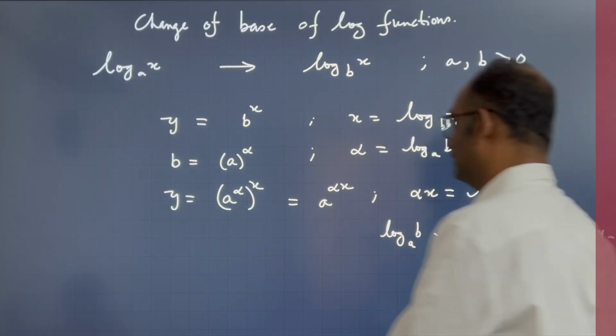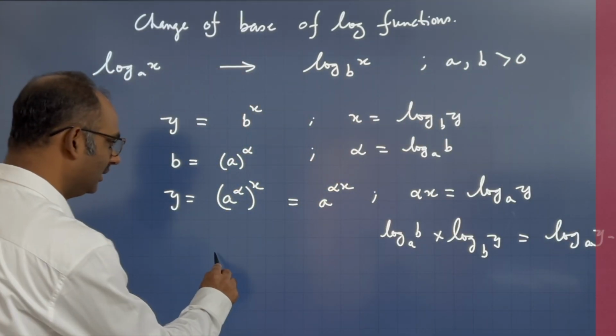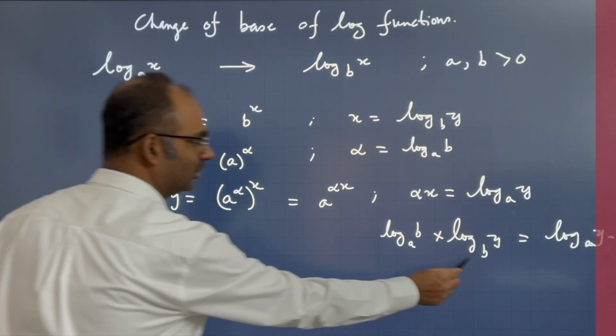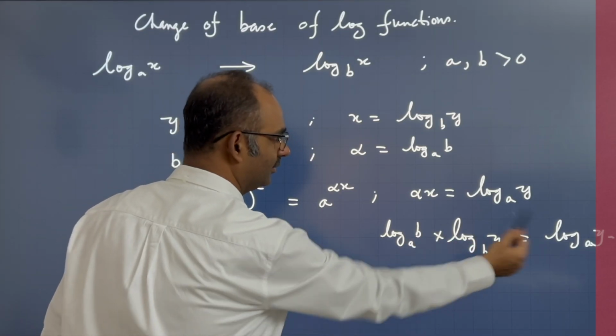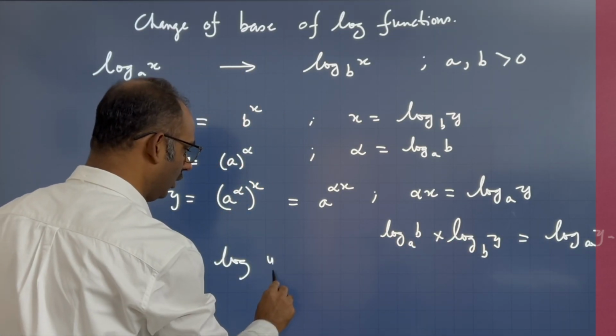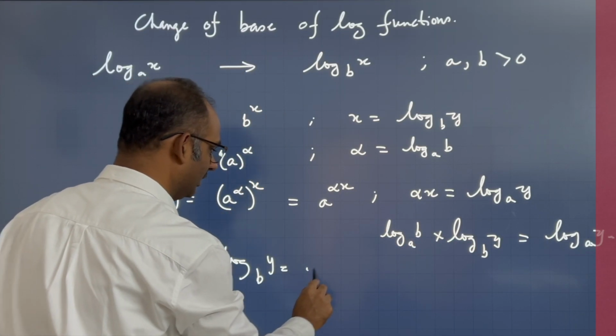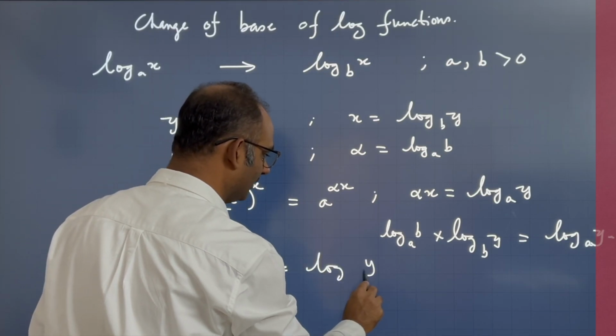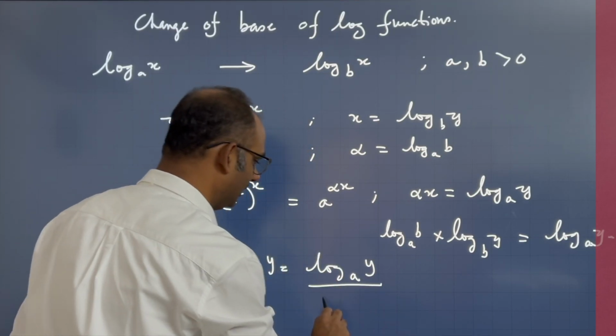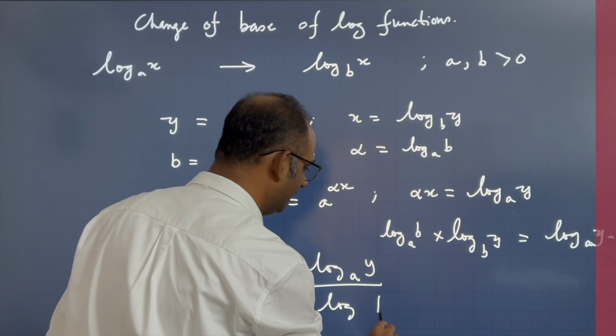It's easier to remember it this way: keep this here and take that one to the other side. Log y to the base b is equal to log y to the base a divided by log of b to the base a.